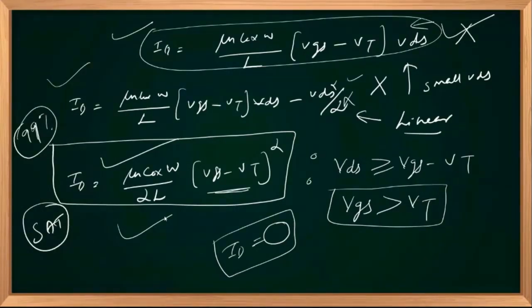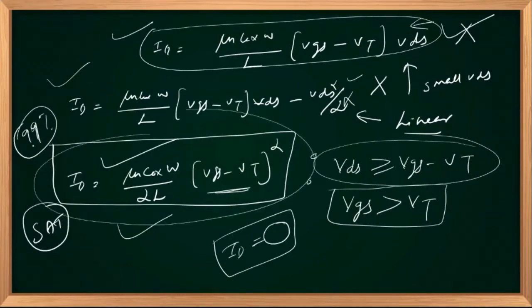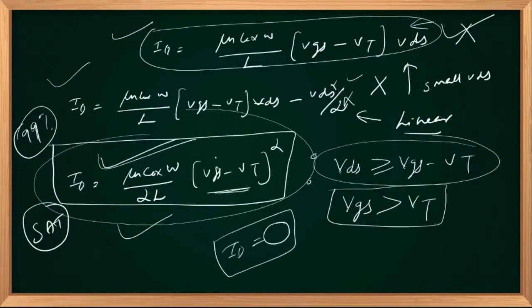The condition for saturation: VDS greater than or equal to VGS minus VT. And the equation for saturation: mu n C ox W by 2L into (VGS minus VT) squared. Right. Let us get into the problems. Problems are quite simple once you are comfortable with these two, the drain current and the condition for saturation.